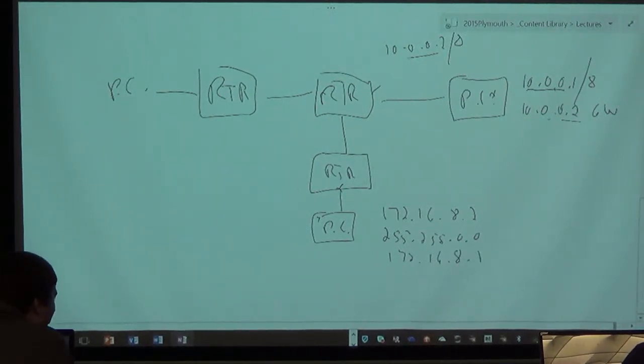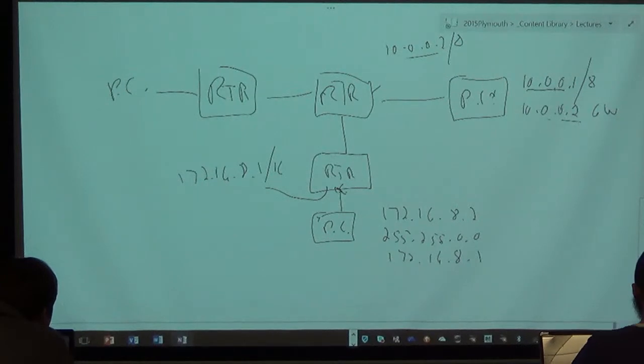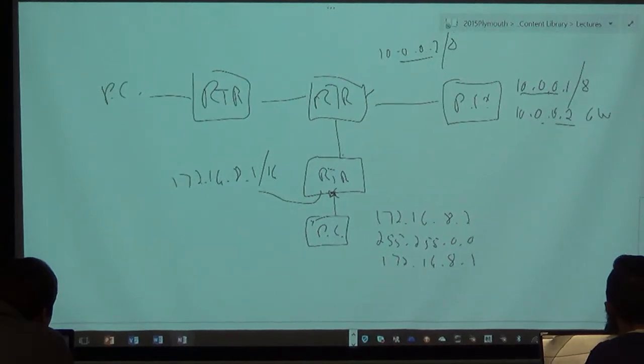Has to be on the same network, right? So that means this router's IP address is 172.16.8.1 with a subnet mask of 255.255. And the gateway of this router's interface, Miguel, what's it going to be? It's going to be the IP address of this.